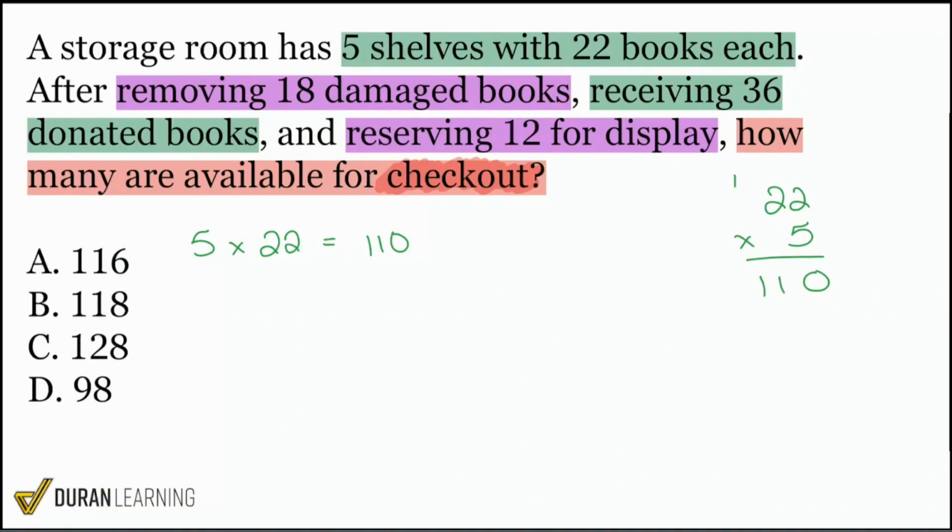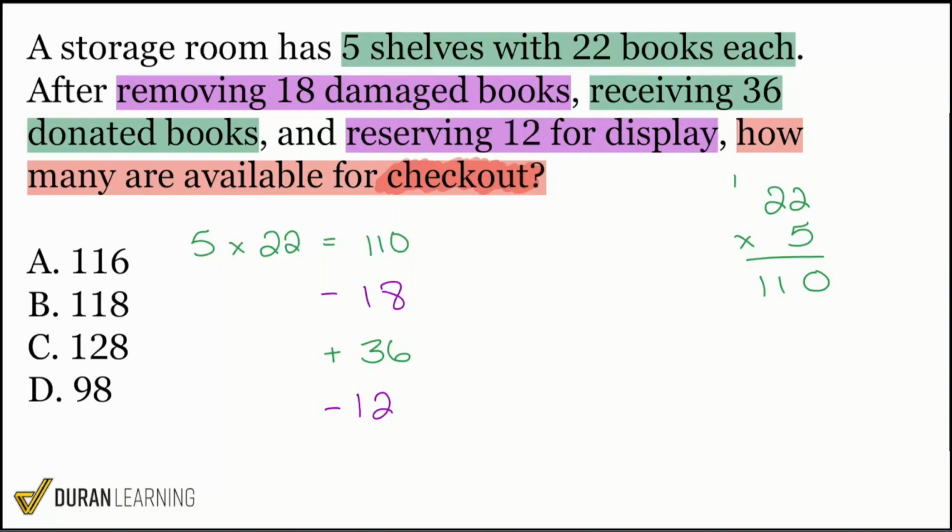So we have 110 books from that first bit. Then we need to subtract the 18 damaged books, add in the 36 donated books, and then take away the 12 that were reserved for display. So there's the math that we need to do: 110 minus 18 plus 36 minus 12.